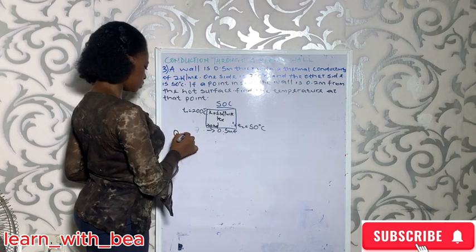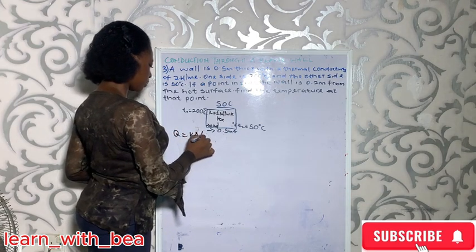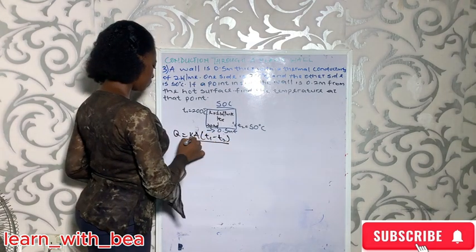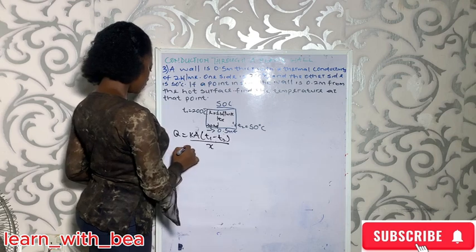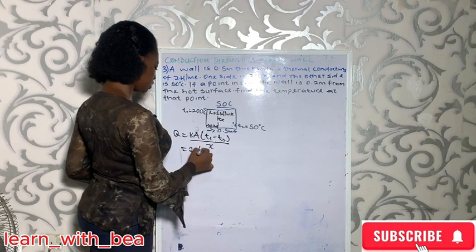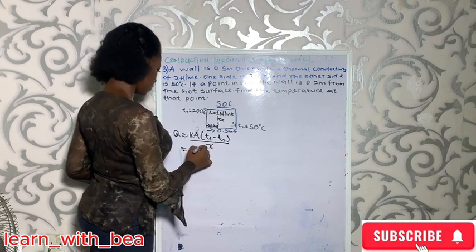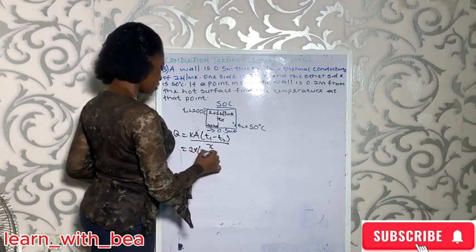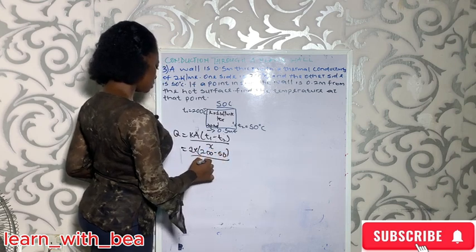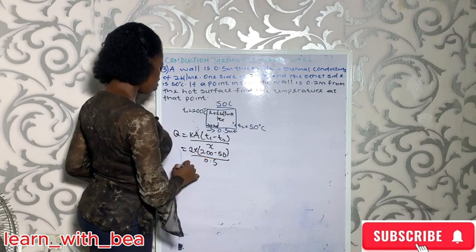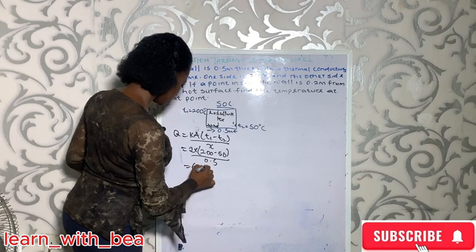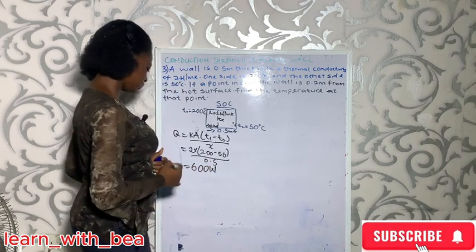So Q equals Ka (T1 minus T2) for the whole wall, divided by X. What's our K? 2. We're not given area, so we'll just keep it. So we have 200 minus 50, then X is 0.5 for the whole wall, please do not forget. This gives us 600 watts.